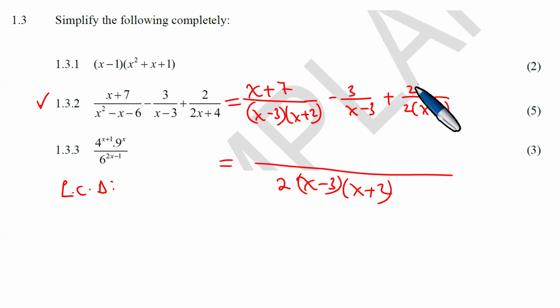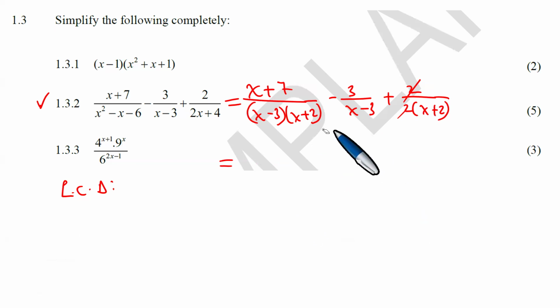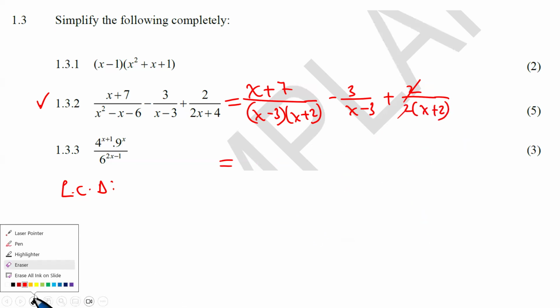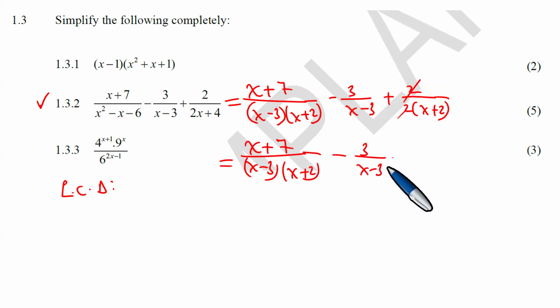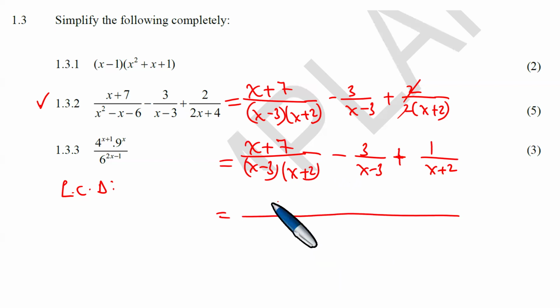Also we can note that this 2 cancels out, so we can cross it out and have x plus 7 divided by x minus 3, x plus 2, minus 3 divided by x minus 3, plus 1 divided by x plus 2, and then you put a division like this. Now we've cancelled the 2. It was a common factor in the numerator and denominator. We then have x minus 3.